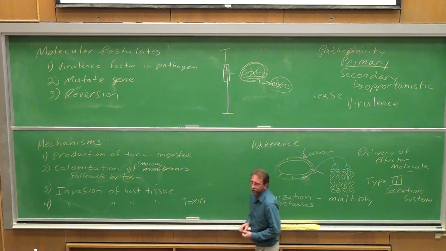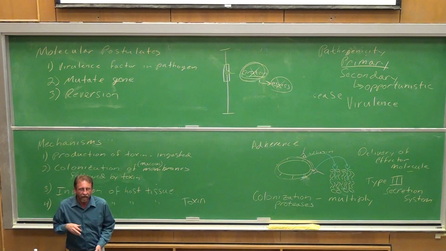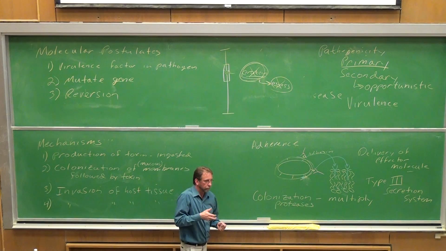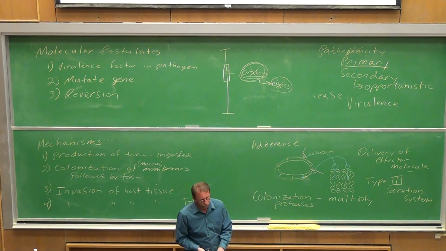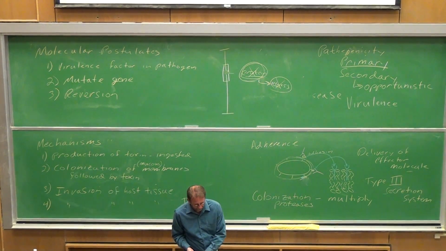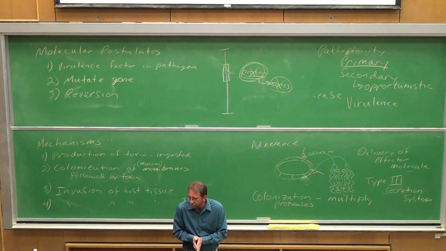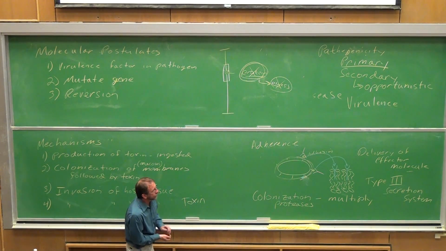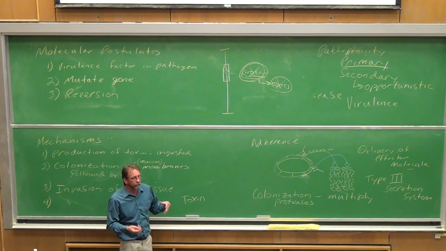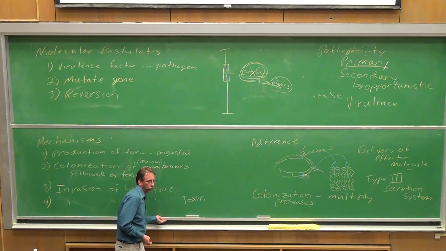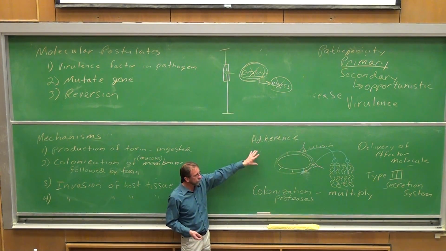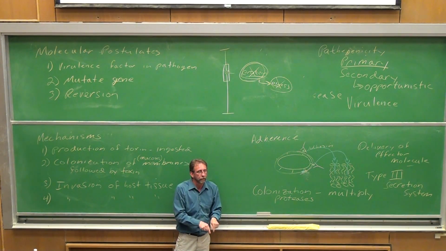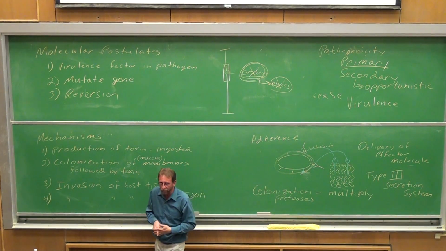And a type 3 secretion system really is like using a hypodermic needle to deliver this effector molecule to the host cell. Sometimes they're called an injectosome. And we see that a lot of gram-negative bacteria have this type of delivery system where they essentially adhere to the cell and then inject the delivery molecule directly into the cell. So they puncture past the membrane.